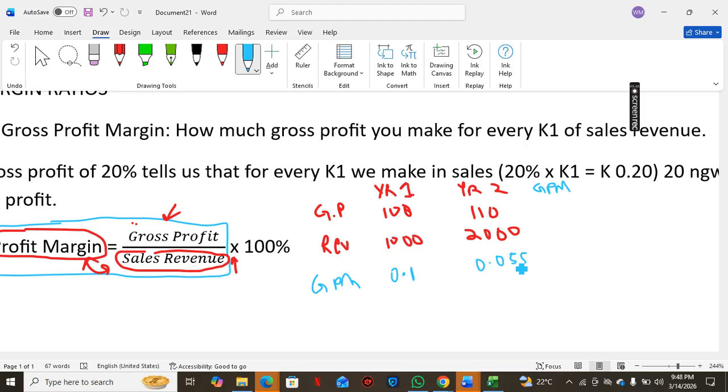So here we've seen, colleagues, that if your sales revenue increases and surpasses your gross profit in terms of growth, your gross profit margin is going to drop.